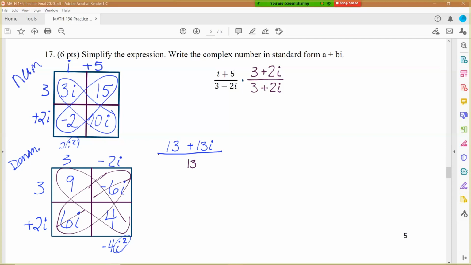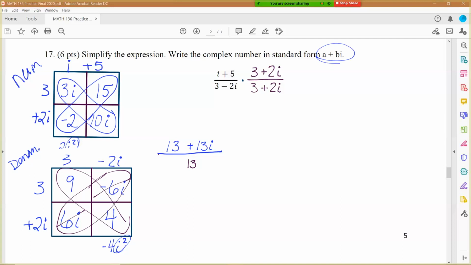What do you notice about this fraction that we have left? They're all 13s, right? So I can reduce them all. Keep in mind, since this is a fraction, our instructions for some reason want us to write it as a plus bi. That just means they want us to simplify into 2 pieces.